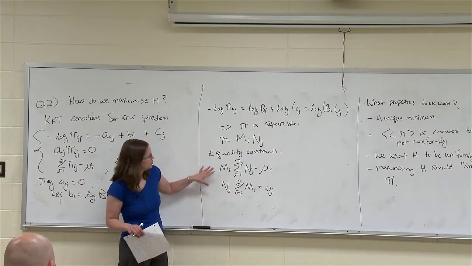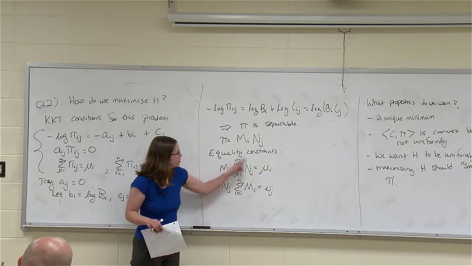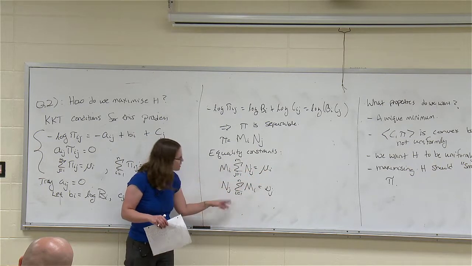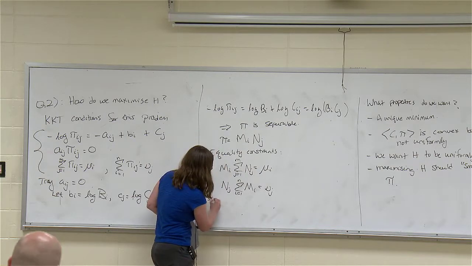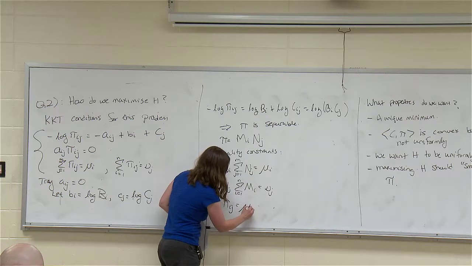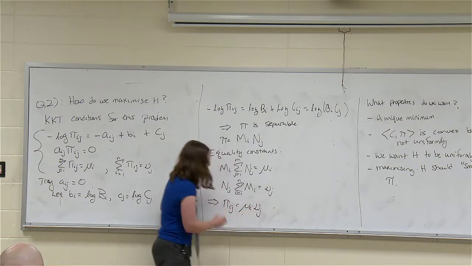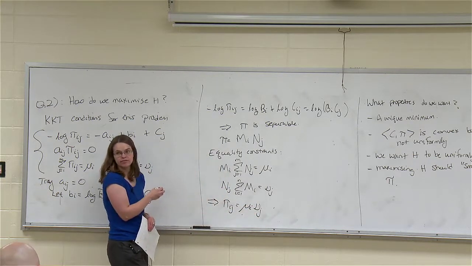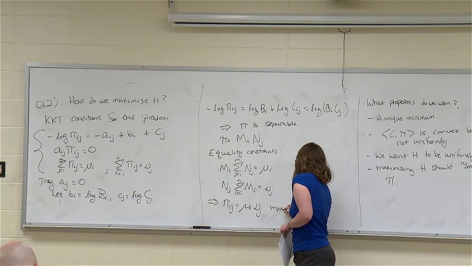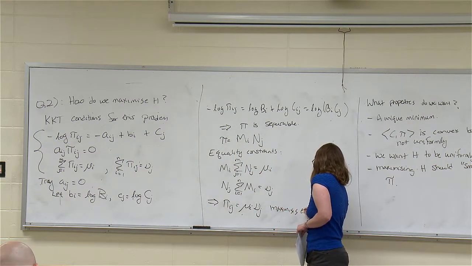So if we let them be mu and nu, then they sum to 1, m is mu, and n is nu. So we should take pi ij equals mu i times nu j. This is the thing that's going to maximize the entropy.